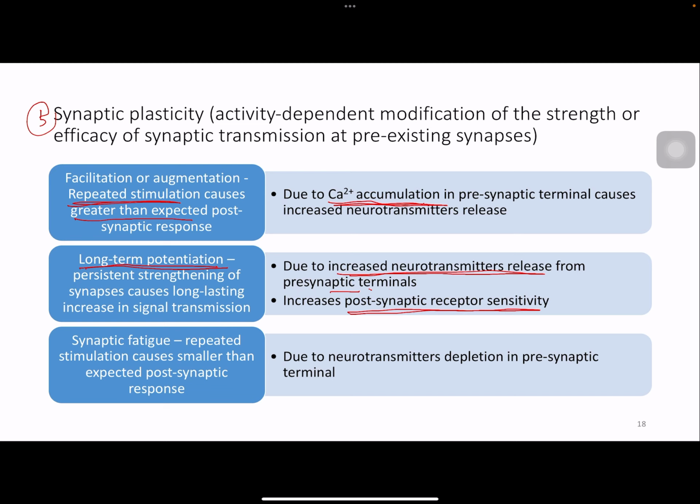However, not all of this occurs in all cells. Okay, in some cells, if you have too much repetitive stimulation, it can lead to synaptic fatigue, in which rather than an augmented response, the response can be smaller, and this is mainly due to depleted neurotransmitter in the presynaptic neuron.